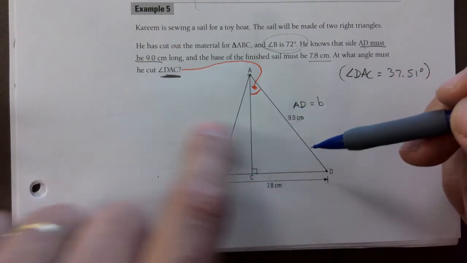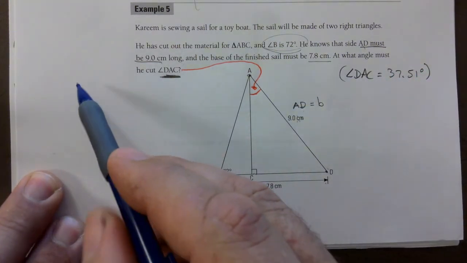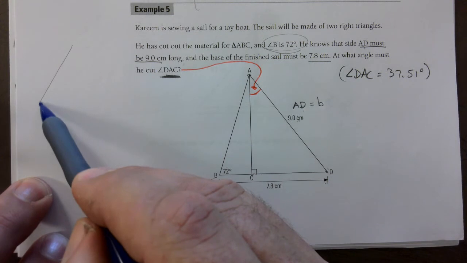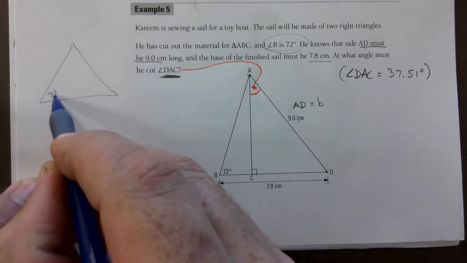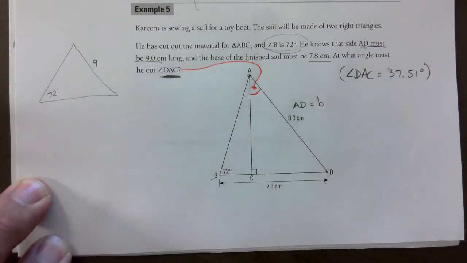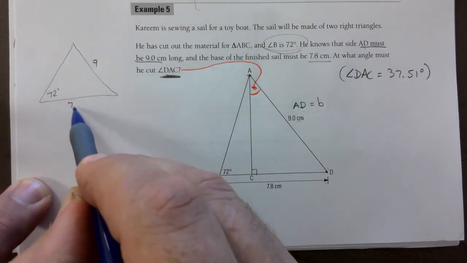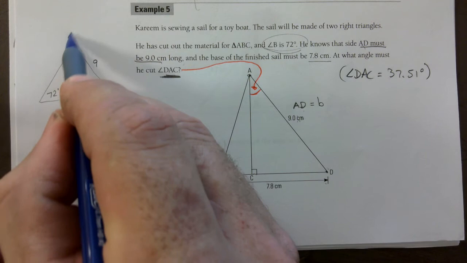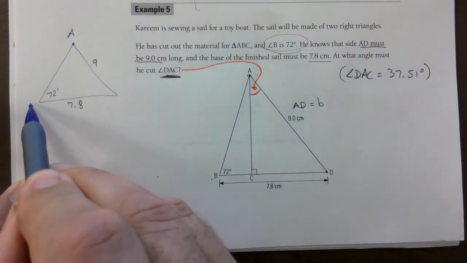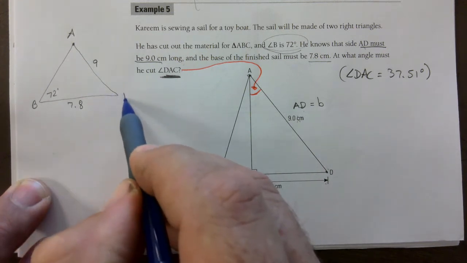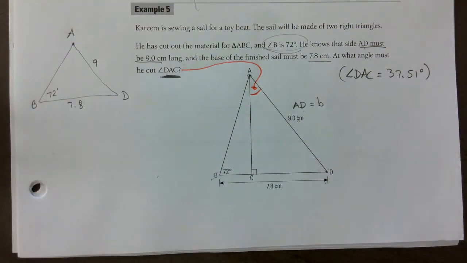So I'm going to take the whole thing, graph it up here like that, and I'm just going to focus on the 72, the 9, 7.8, and this is A up here. I'm not going to split it like this. I'm just going to leave it. I'm just working with the big triangle.